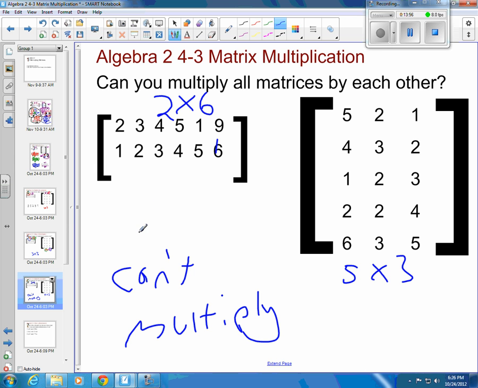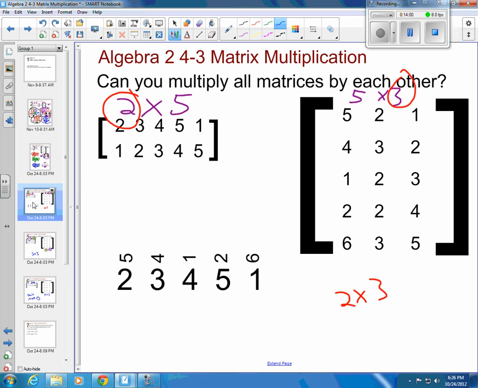Okay, so then the question is, what about commutative? If you can multiply one way, can you multiply the other? Well, let's go back and look at this. If this is a 5 by 3 and this is a 2 by 5, we can multiply them. Let's call this A and this B. So yes, you can multiply A by B, and when you multiply AB, you get a 2 by 3. What if I wanted to take BA?